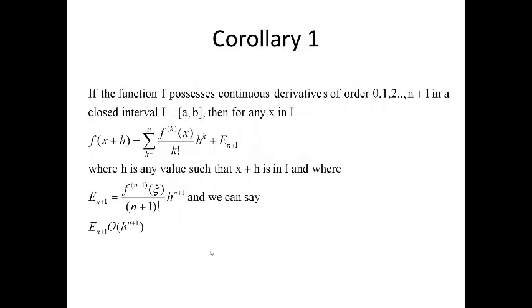And there's a corollary to this. It says if a function f possesses continuous derivatives of order 0 to n plus 1 in a closed interval I that runs from a to b, then for any x in I, f of x plus h is equal to the sum k equals 0 to n of the kth derivative of f evaluated at x divided by k factorial times h raised to the k, plus e sub n plus 1, where h is any value such that x plus h is in I, and where e sub n plus 1 is equal to the n plus first derivative of f evaluated at xi divided by n plus 1 factorial times h raised to n plus 1.